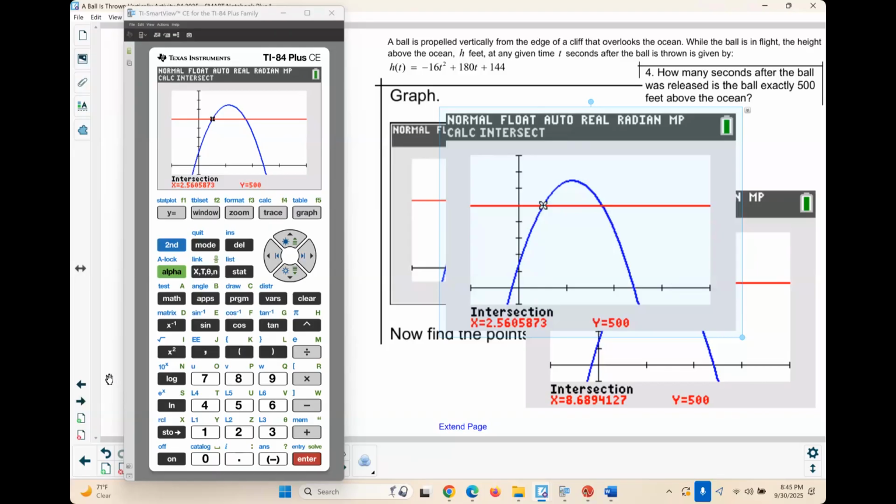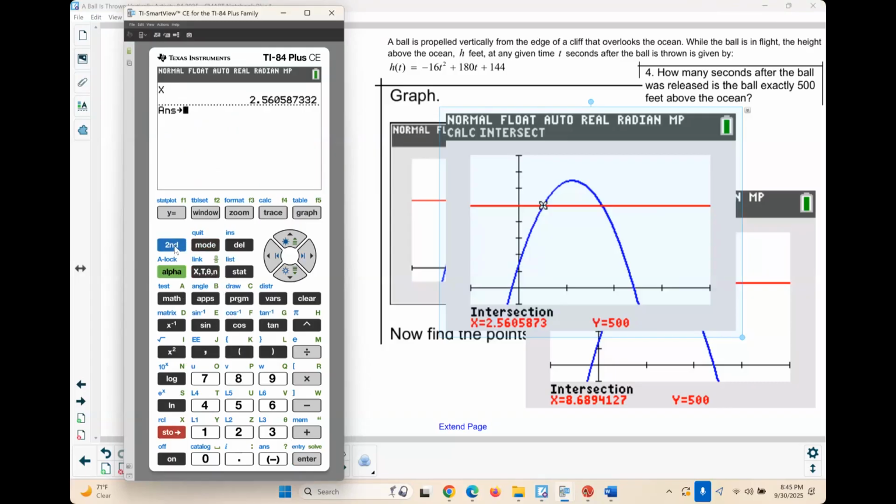Something I do want to point out for those using the 84: that value of X right there is stored in X. So if you wanted to use that to answer some questions, you can go off to the home screen and type X. Y is stored also. I can store it into, let's say, alpha G. I use G because nobody likes it.